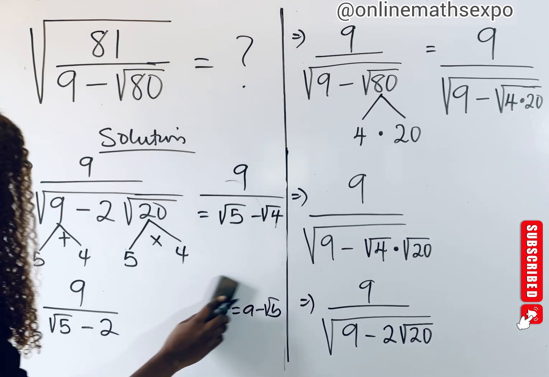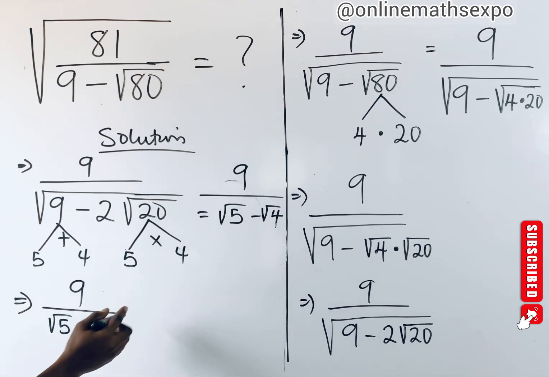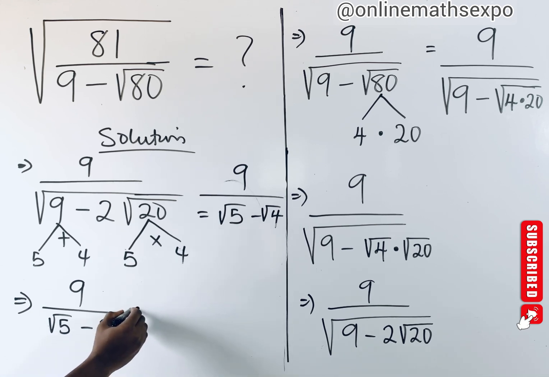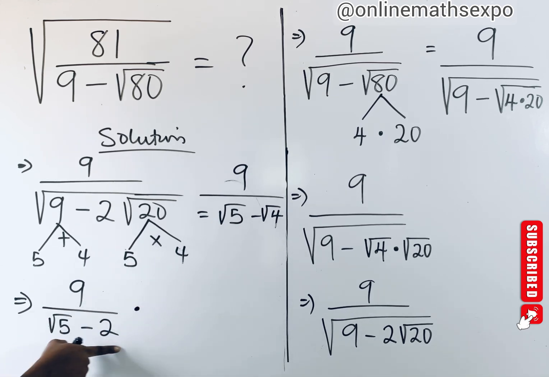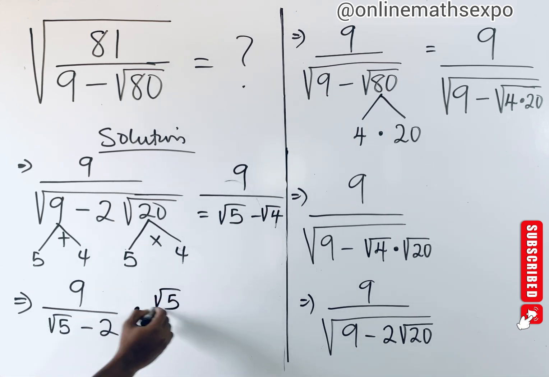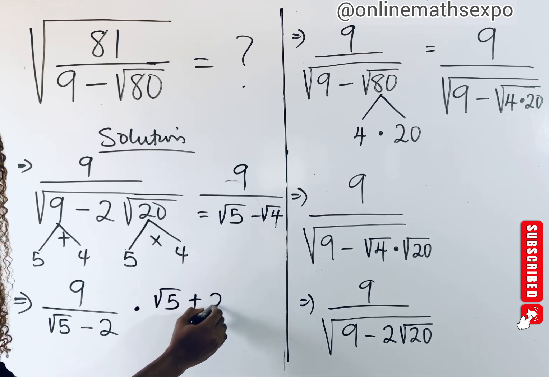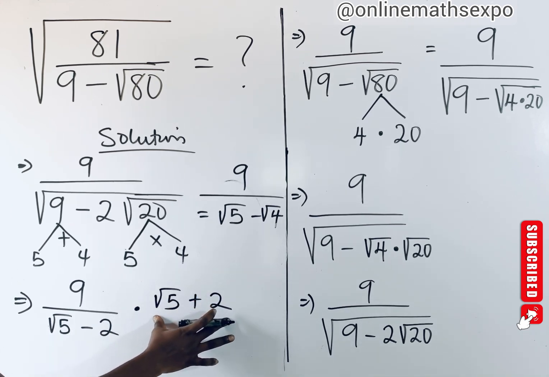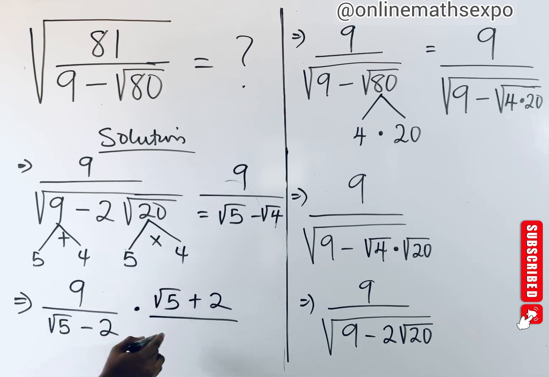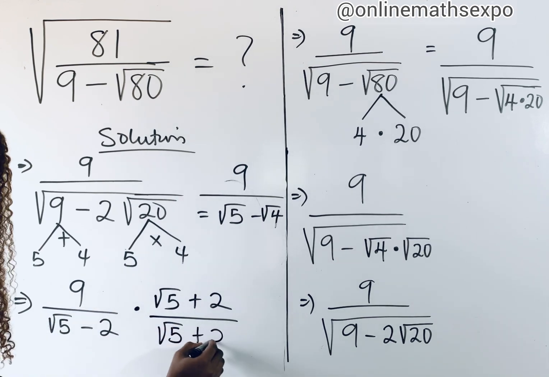So because it's subtraction, we get the conjugate and then use it to multiply both sides. So the conjugate of this is root 5, change the sign to addition. This is what you have. So we're going to multiply it with the numerator, and also use it for the denominator.